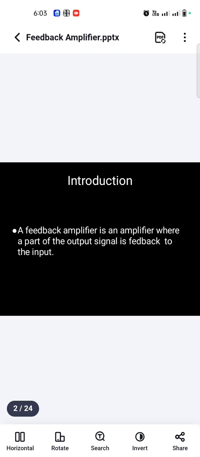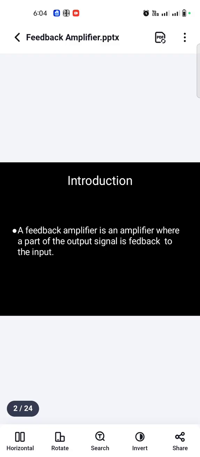If you use positive feedback, its gain increases, but there are some disadvantages: instability and oscillations. Most positive feedback is used in oscillators only. In oscillators there is no need of any input source, so without an input source they generate the output, but in negative feedback we need the source.